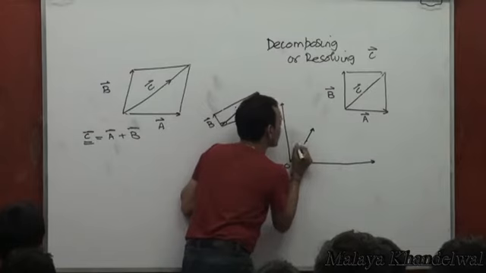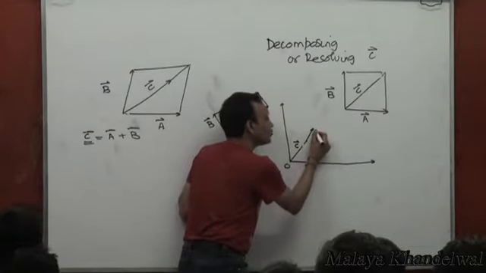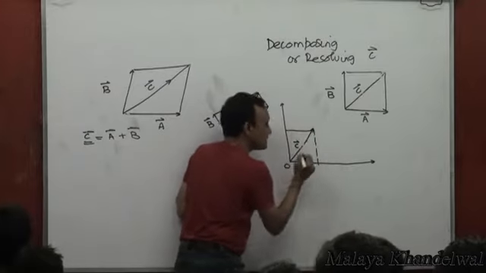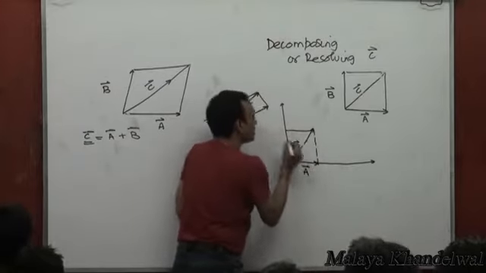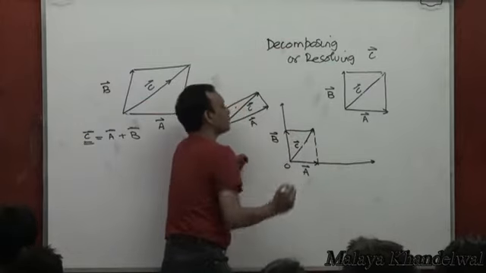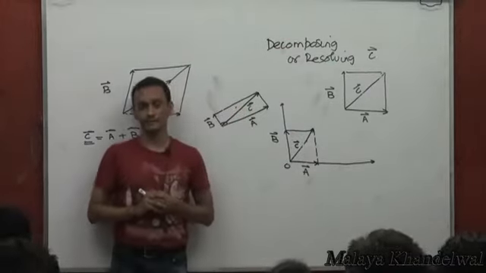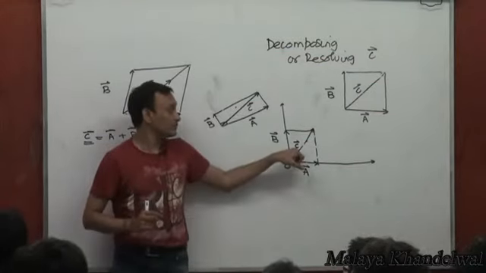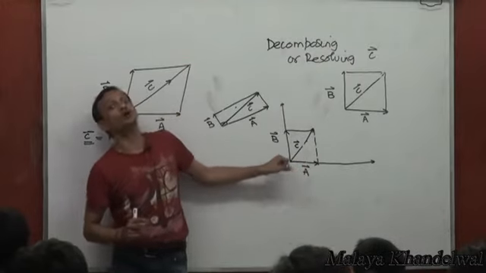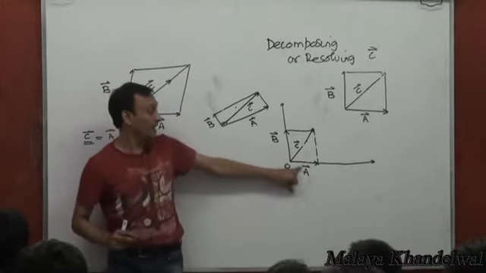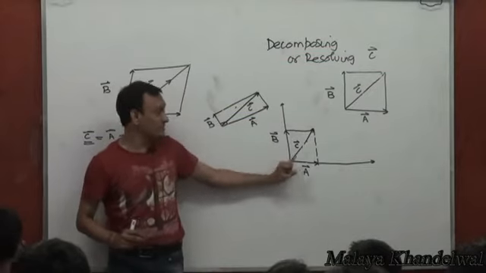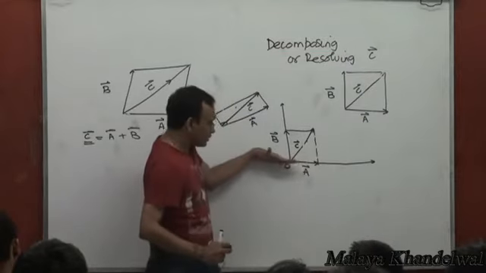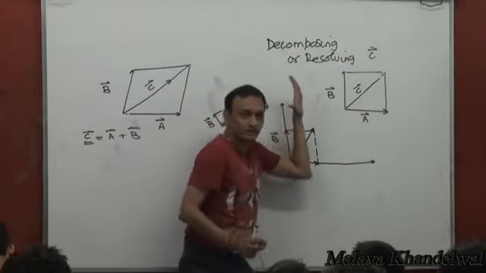In which case, very clearly, there is only one way of constructing your parallelogram whose diagonal is C, and this would be the vector A, this would be the vector B, and the resultant of A and B would be C. Right? We say that C has been resolved into two components perpendicular to each other, A and B, one in this direction, the other in this direction.